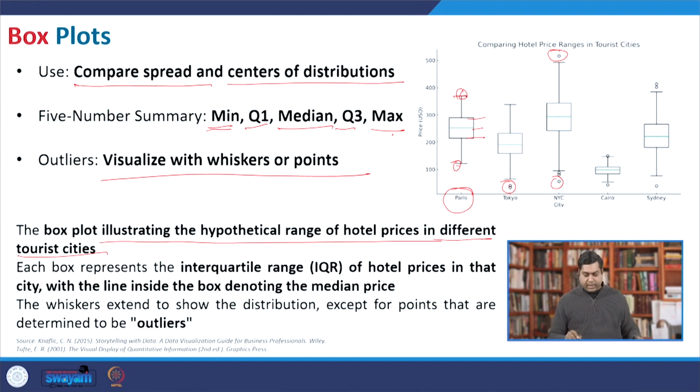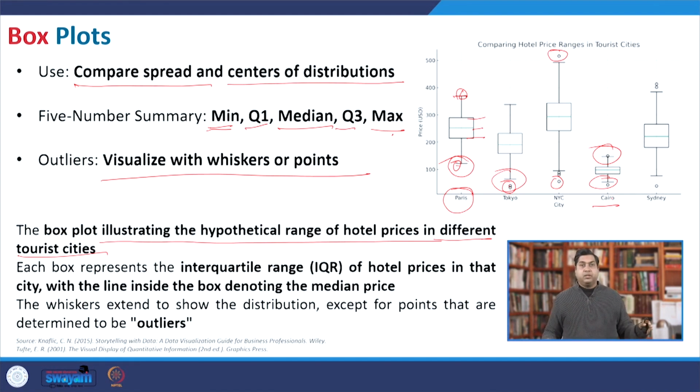This is the minimum price, whereas in Tokyo the minimum price is quite low, and in Cairo the value is even lower. Even the highest value in Cairo is below the 25th percentile of Tokyo. So on average, the cost of hotels is very low there. You can identify this kind of findings.